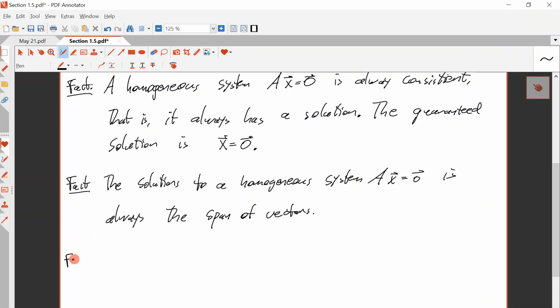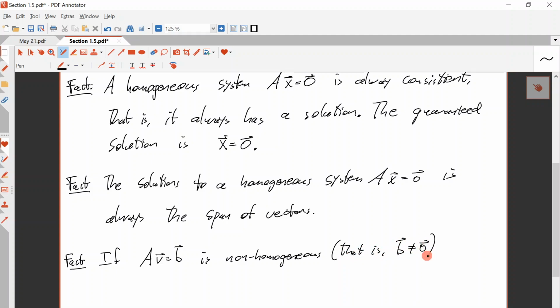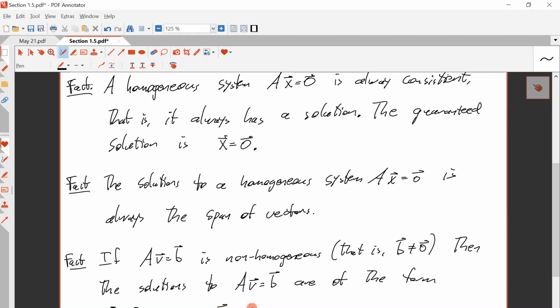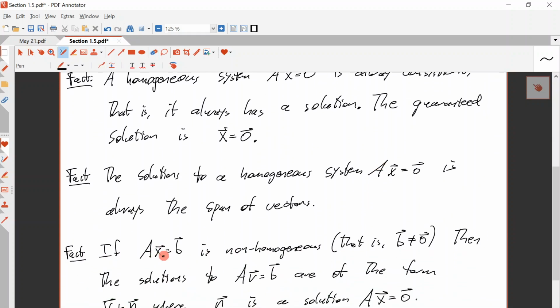And then the last fact: if Ax equal to b is non-homogeneous, in other words, b is not the zero vector, then the solutions to Ax equal to b are of the form v plus n, where n is a solution to Ax equal to 0.